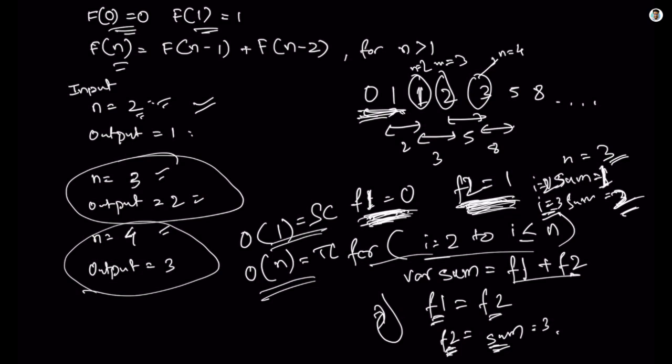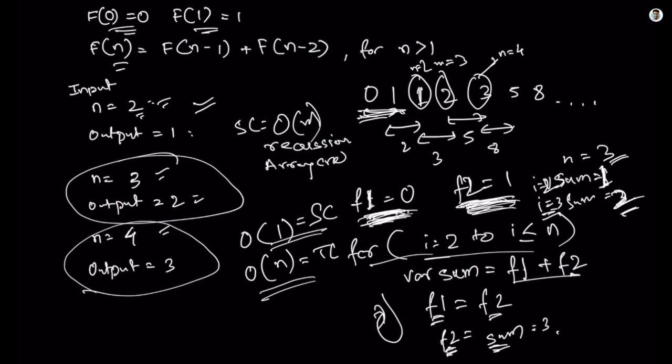If we are using the recursive method, the space complexity will be O(n) for recursion. And if we are creating an array, then also the space complexity will be O(n) for array creation.